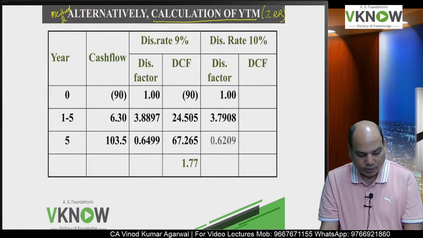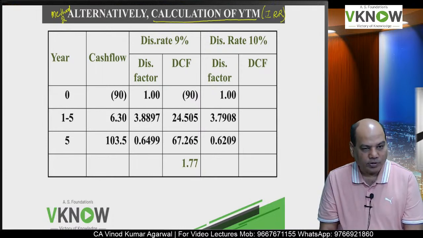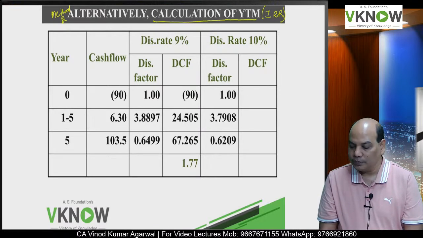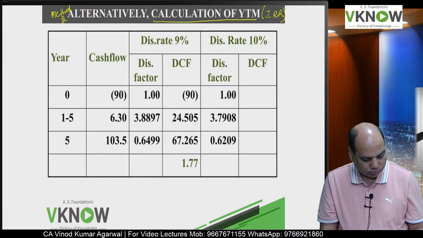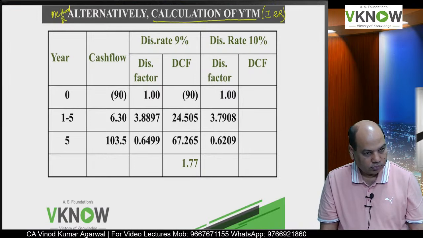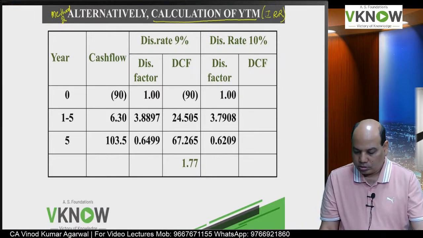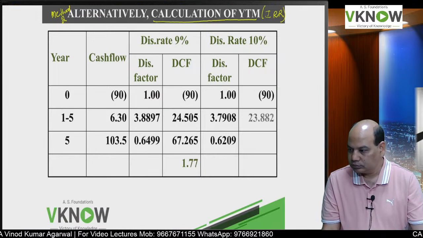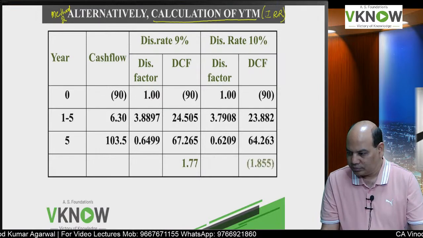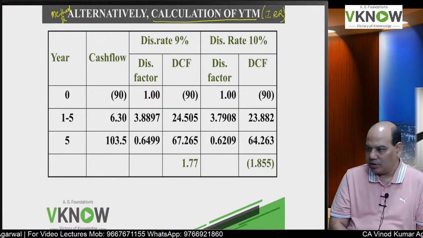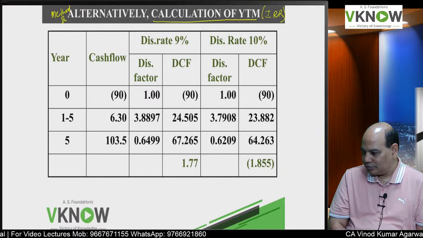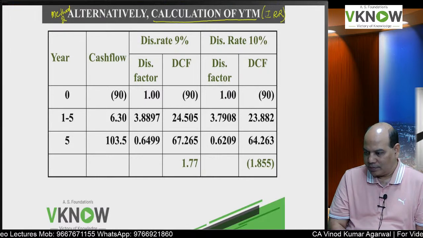The factors I have computed in question 20, just copy from your notebook. Solve. Calculate the net present value. This time it is negative, 1.855. Okay, so now you will answer what the IRR is.